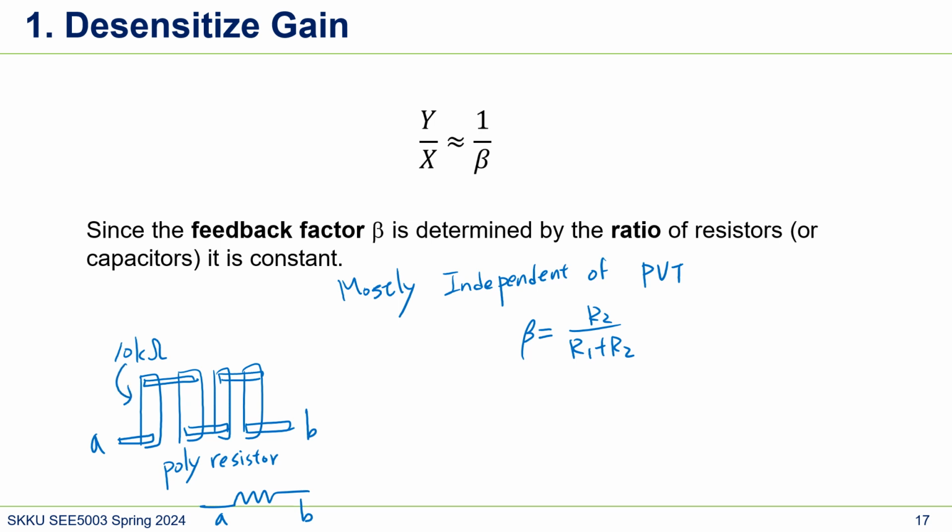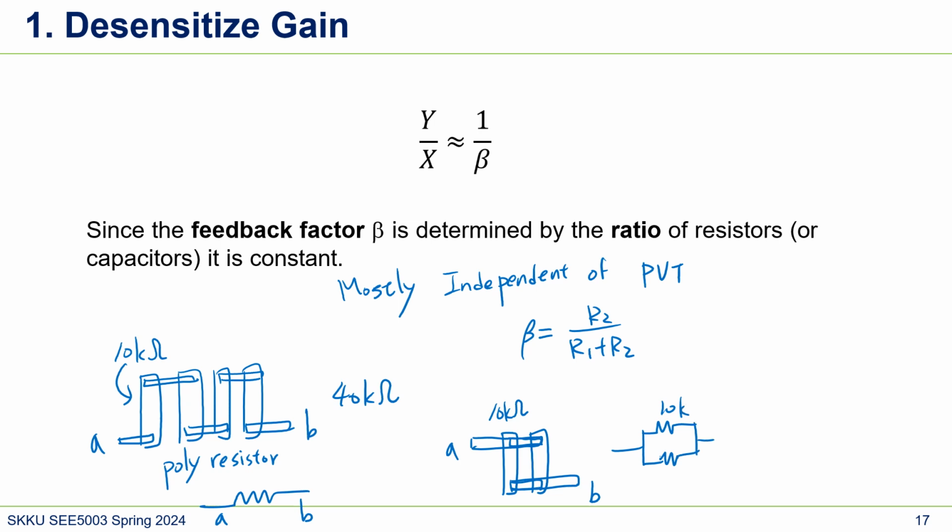In this case, what's the resistance? This is like 40k ohm. Let's say we want 5k. The way we make it is this: we use the same 10k resistor and connect them in parallel. Here's A and B. So this will look like 10k, 10k, and overall this is 5k.